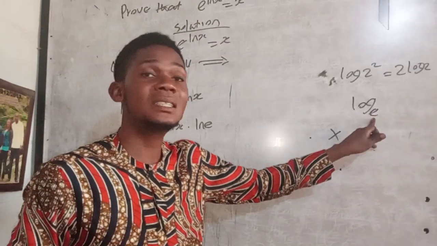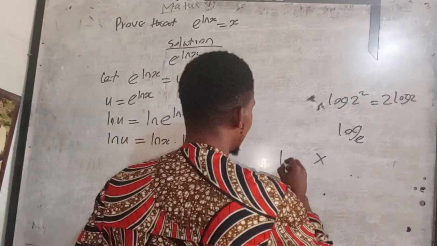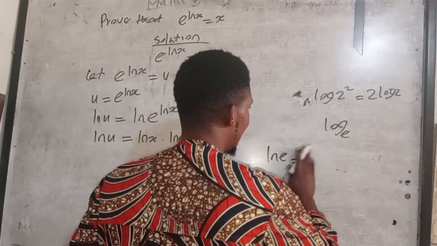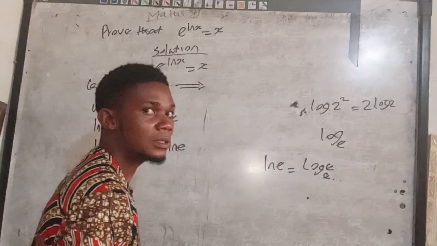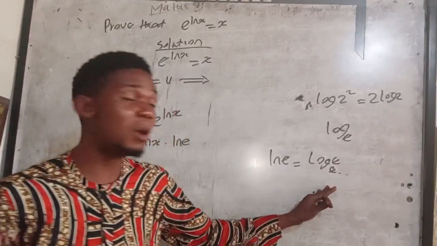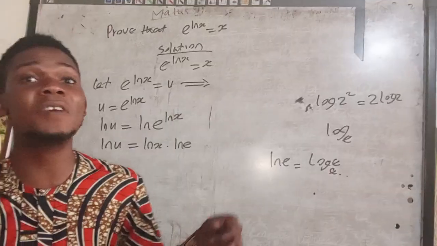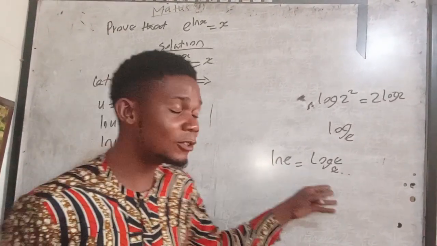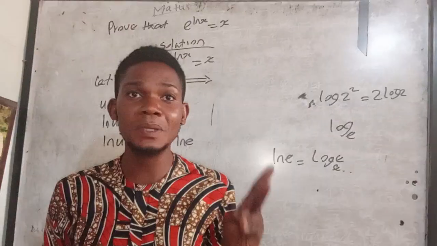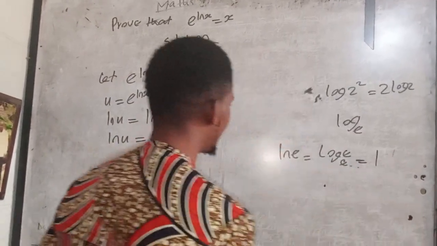So ln e is the same thing as logarithm of e to base e. And the law says that the logarithm of anything to its own base is 1, except 1 to its own base, which is undefined. So in this case, this will give you 1.